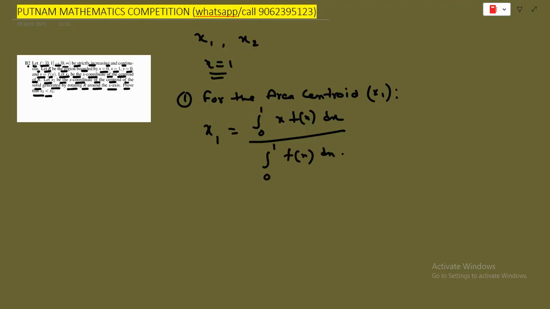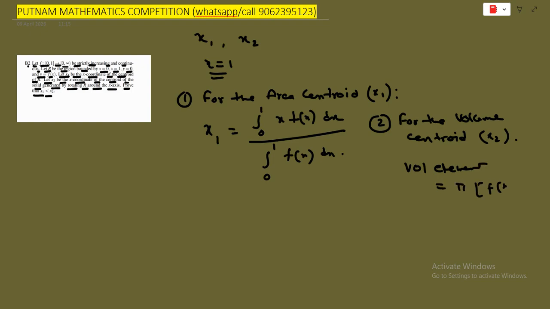Okay. Now for the volume centroid, x2. So using the disk method, the volume element is what? Pi times f(x) squared.